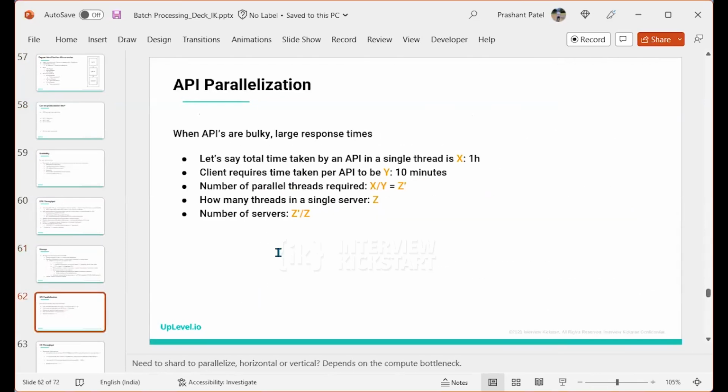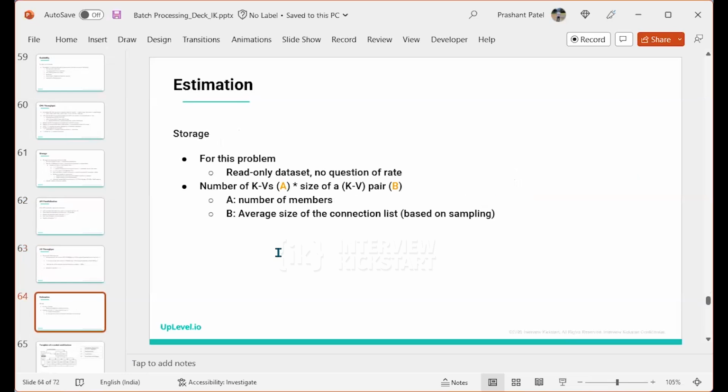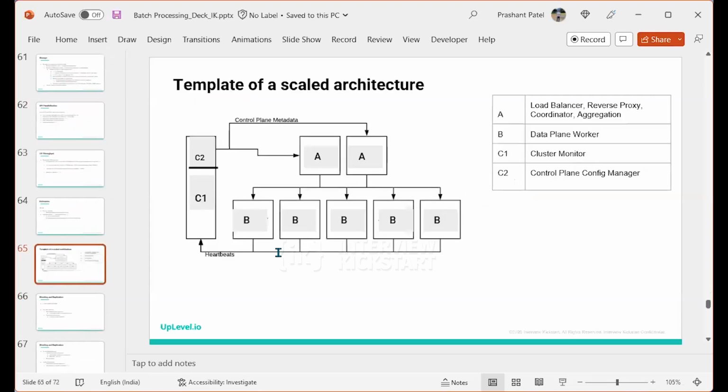One more thing you can add is the importance of geolocation for scaling. Here it's much required. For different geolocations, it should be available, so it should be present across geolocations, and you would scale on the basis of that as well. IO throughput, if you remember, well and good, else not really required here. Estimation for storage, I told you about in the slide, and also the simplified way.